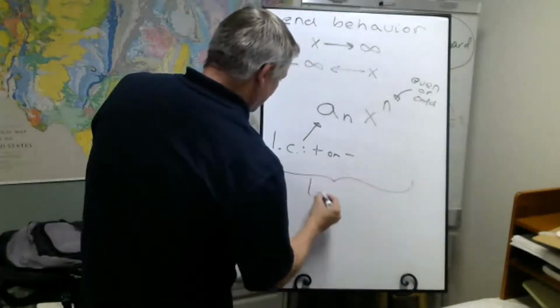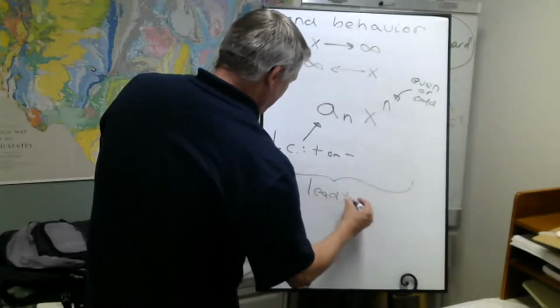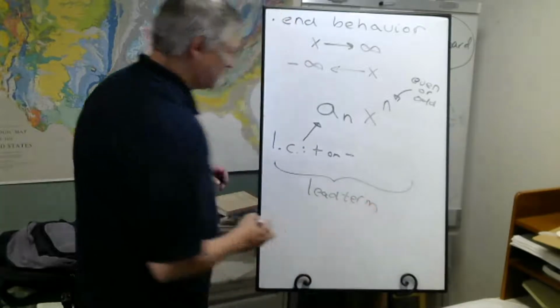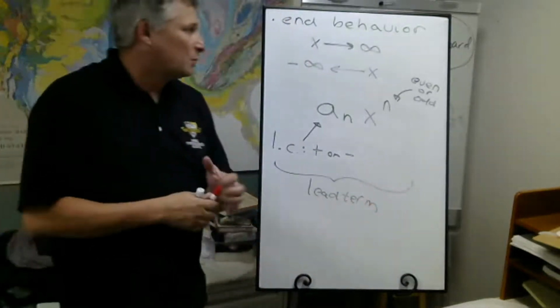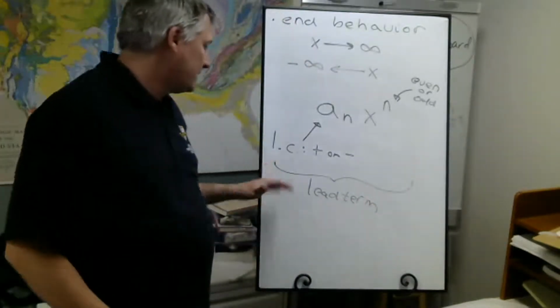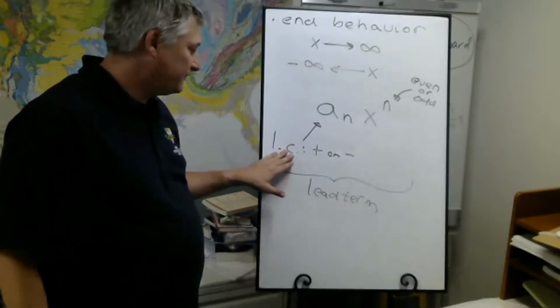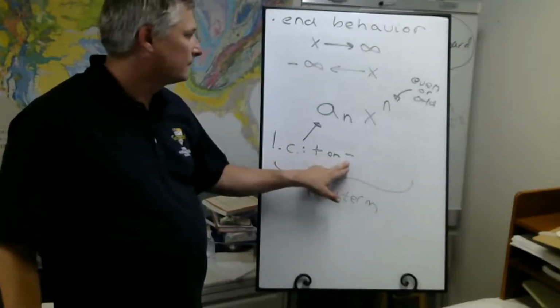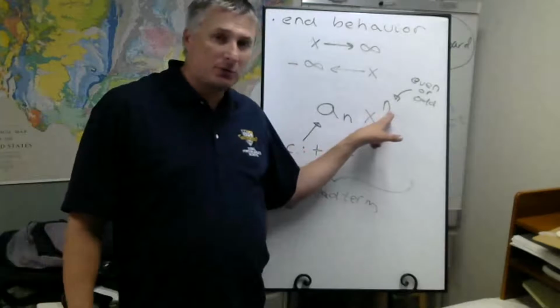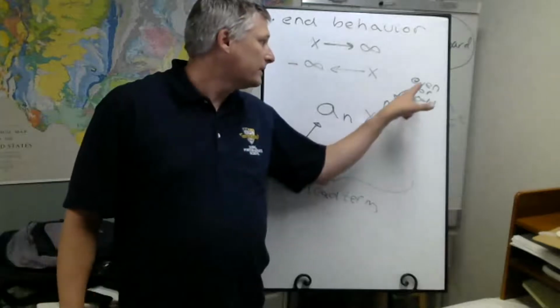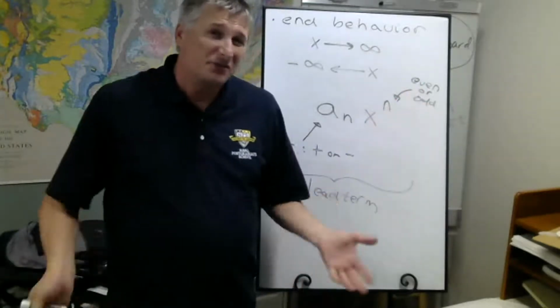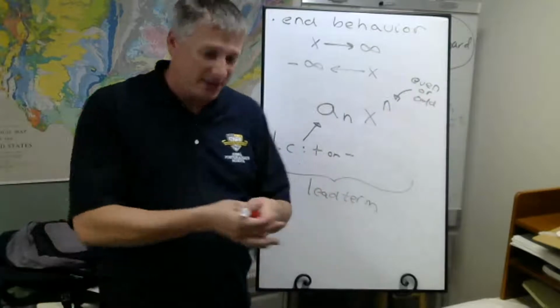This is our lead term. So what determines end behavior is whether or not the lead coefficient is positive or negative, and whether the exponent for this lead term is even or odd. This is called the lead coefficient test.